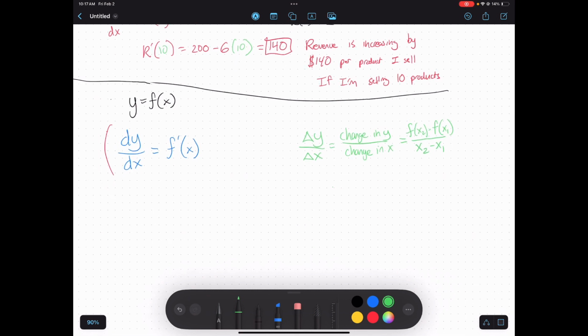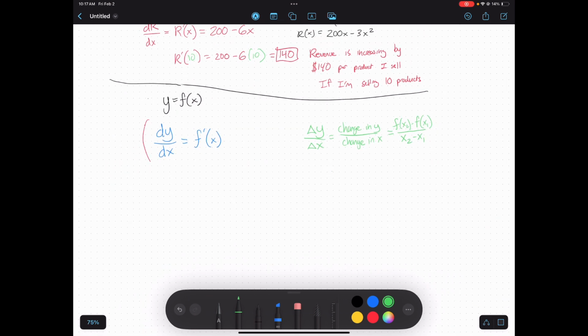Okay. So how do these relate to each other? Well, this lowercase d concept is what we call differentials. And it turns out I can use differentials in order to estimate specific changes.